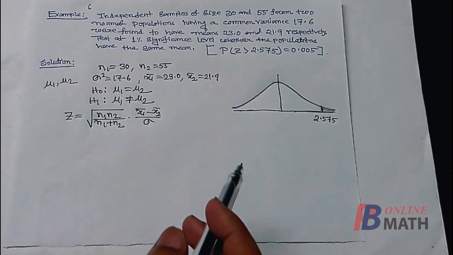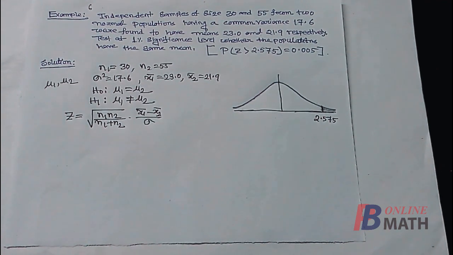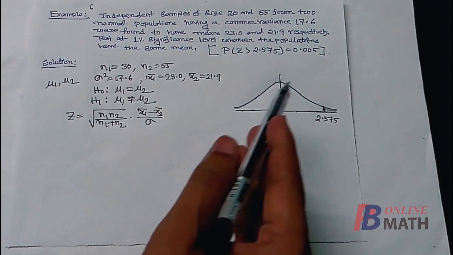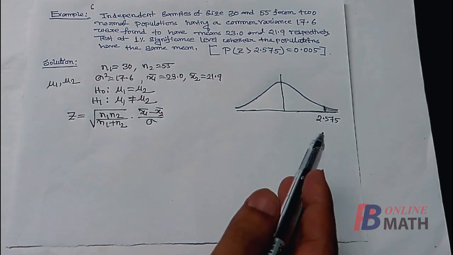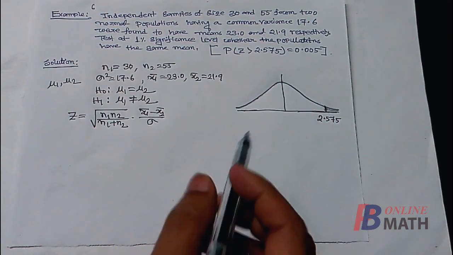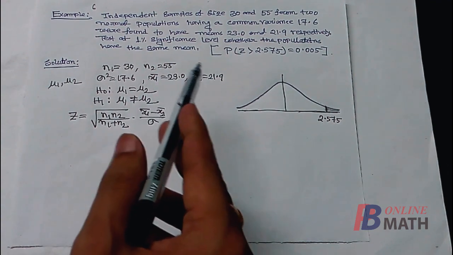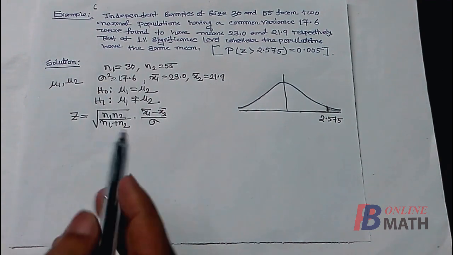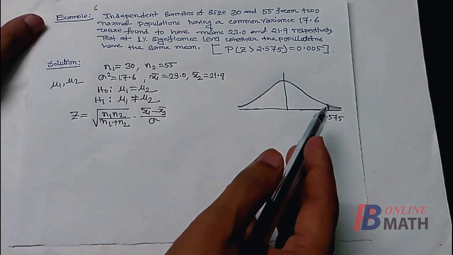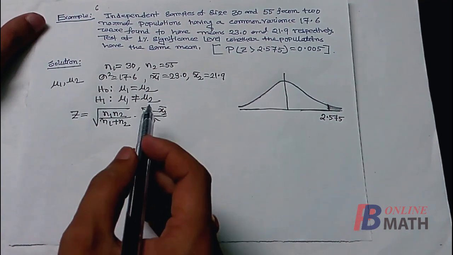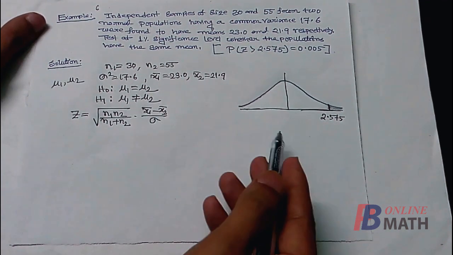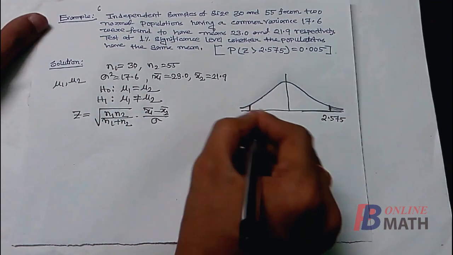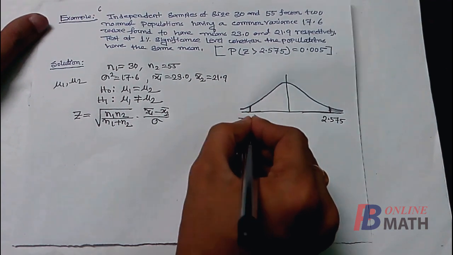This is a very rough sketch of the standard normal distribution, and from the given condition it is found that the area between 2.575 and plus infinity is 0.005, that is 0.5% area. From the level of significance we find that 1% should be the critical region and the remaining 99% non-critical region. So here is the 0.5% region, and since this is a two-tailed test, we have to select another 0.5% critical region from the left hand side, and due to symmetry this should be minus 2.575.